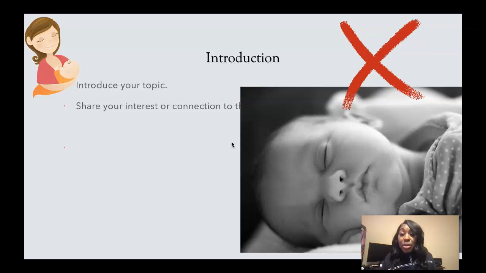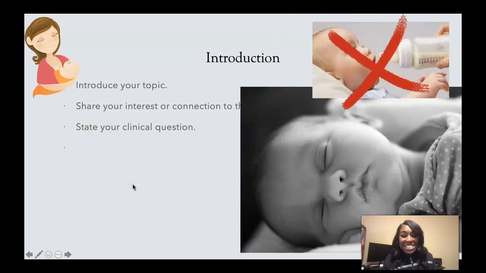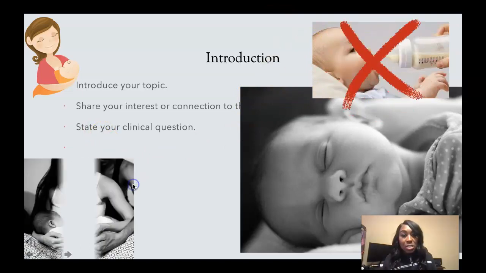It's going to be better brain development in the babies. And my research question is, does educating parents on breastfeeding early increase the chances of continuing to breastfeed over formula feeding? As you can see, breastfeeding is the best. You do not want to do formula.